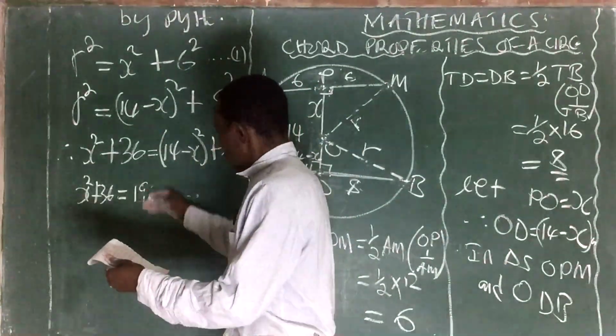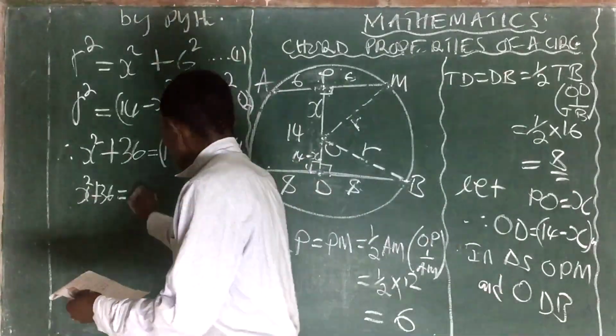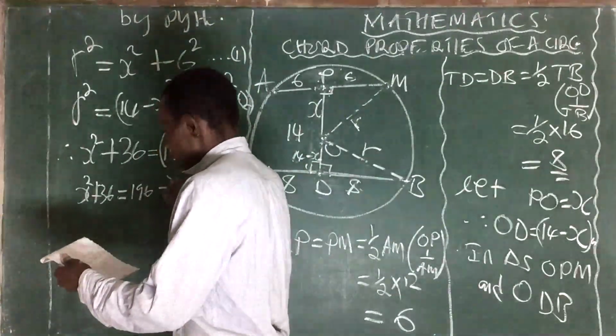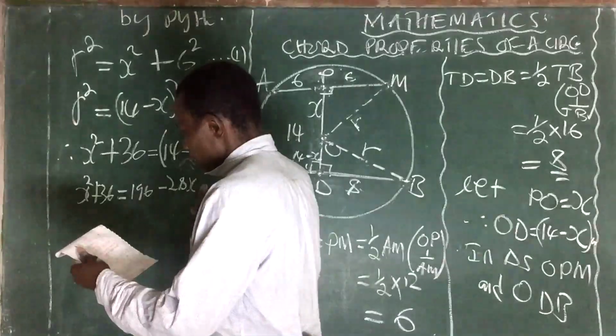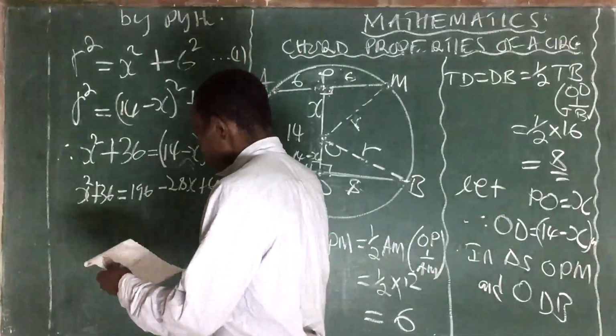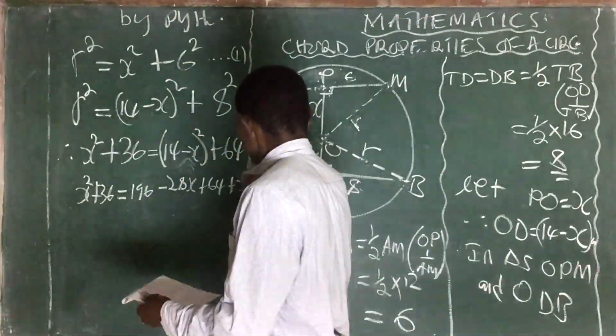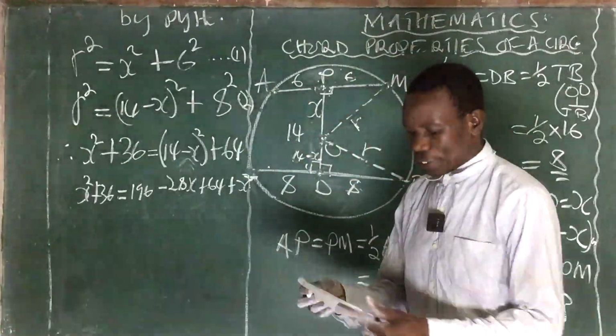For this part here, we square this one, we get 196, minus 28x, plus 64, plus x squared as such. That's what you have from that.